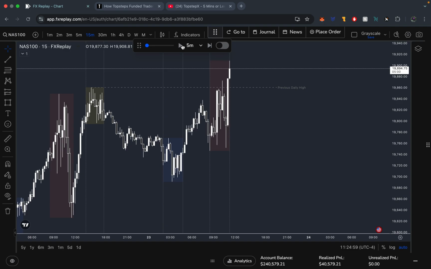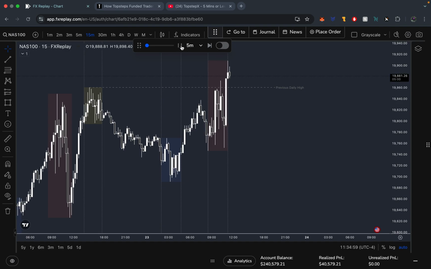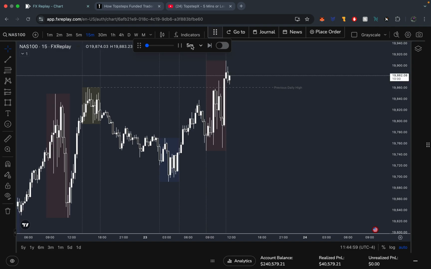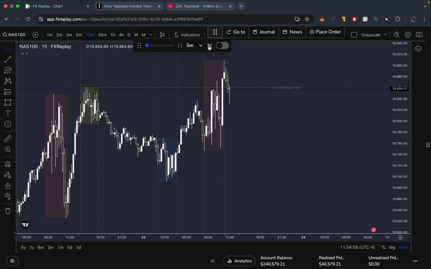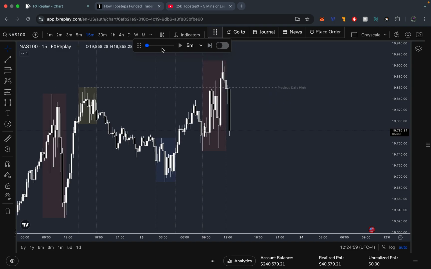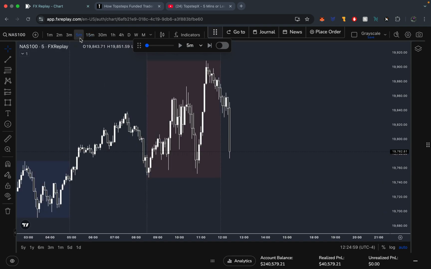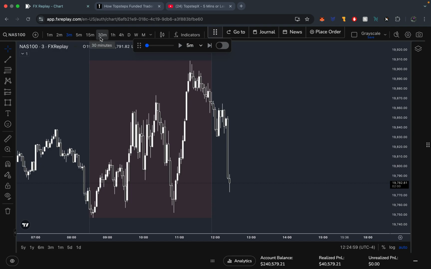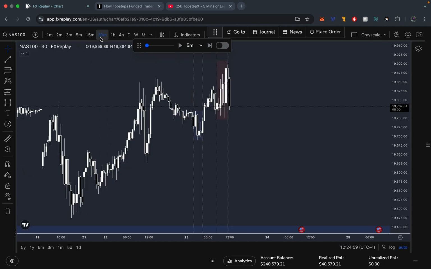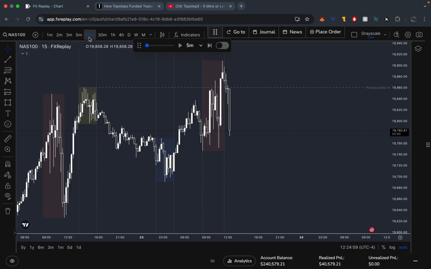You have to remember as well, not every trade is going to win. Some trades will be higher probability than others. Right, so let's see how we do here.